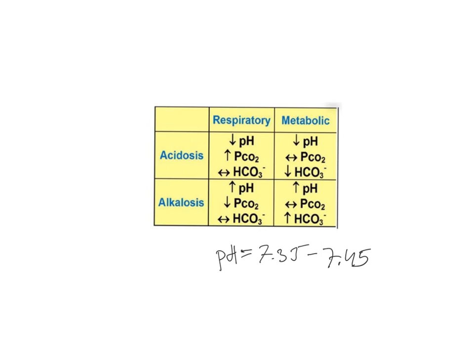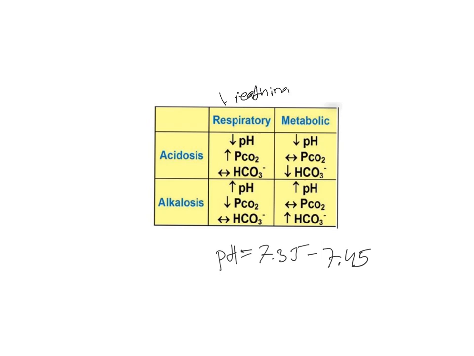For acidosis, the pH will be less than normal because there's more acid in our blood, so the arrow's going down. Depending on whether it's metabolic or respiratory acidosis, there's a difference in the other values. If it's respiratory, then it involves breathing, so think of carbon dioxide, you're breathing it in.